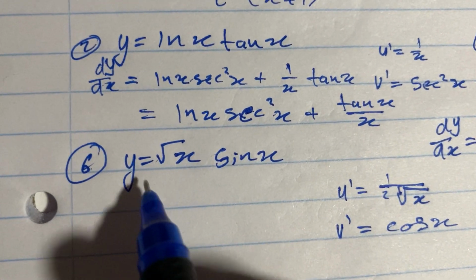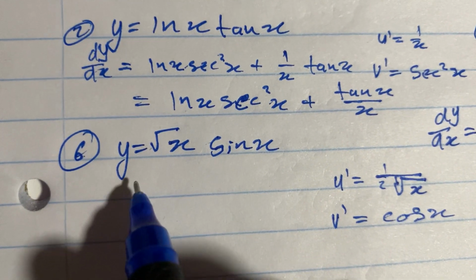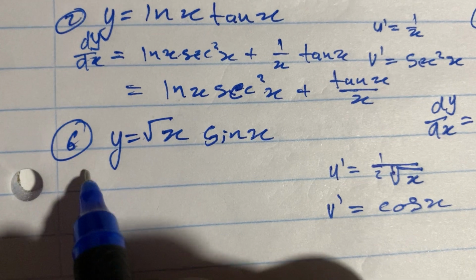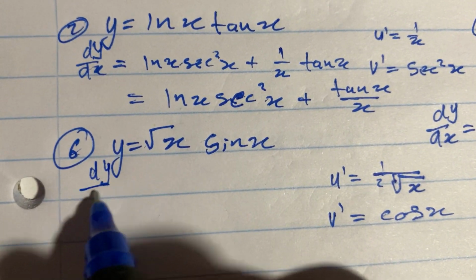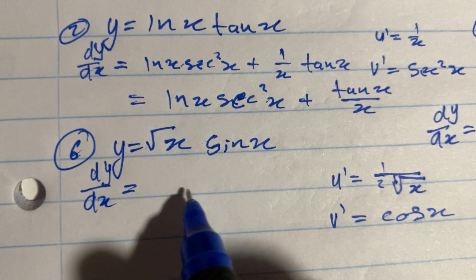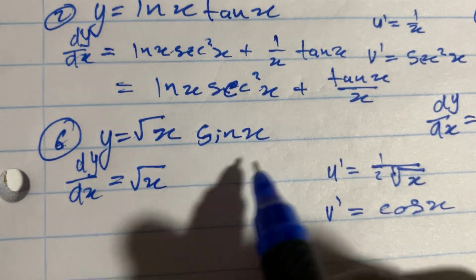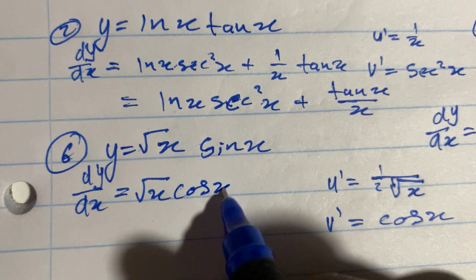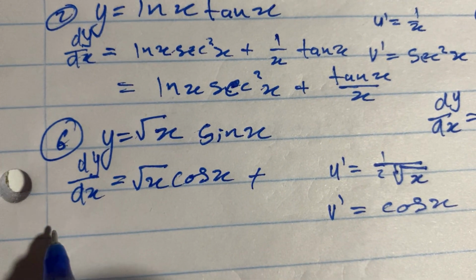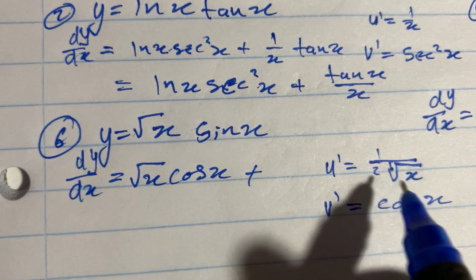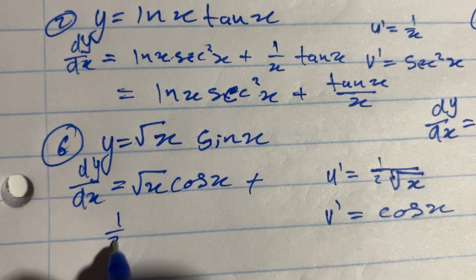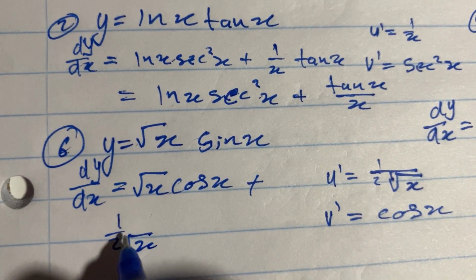Okay, now we're dealing with this one, and then we just say, okay, dy over dx equates to square root of x, just write it the way it is, and then this one you just derive it, cos of x, plus this guy, which is a half of square root of x.